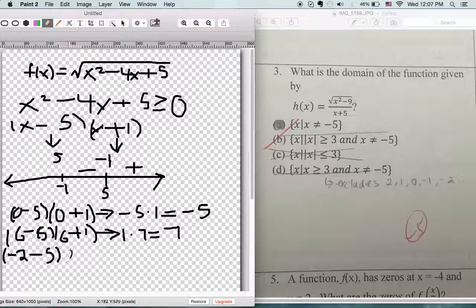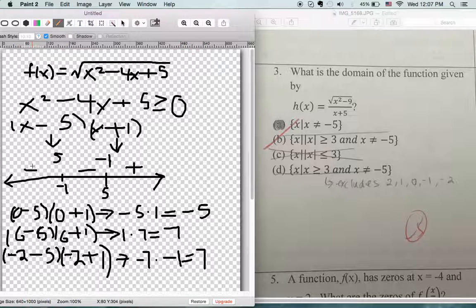The number is -2, so it would be -2 minus 5 times -2 plus 1, and that's equal to -7 times -1, which is equal to 7. So this is also going to be positive. You may have noticed that there are alternating intervals in the sign analysis: positive, negative, and positive.